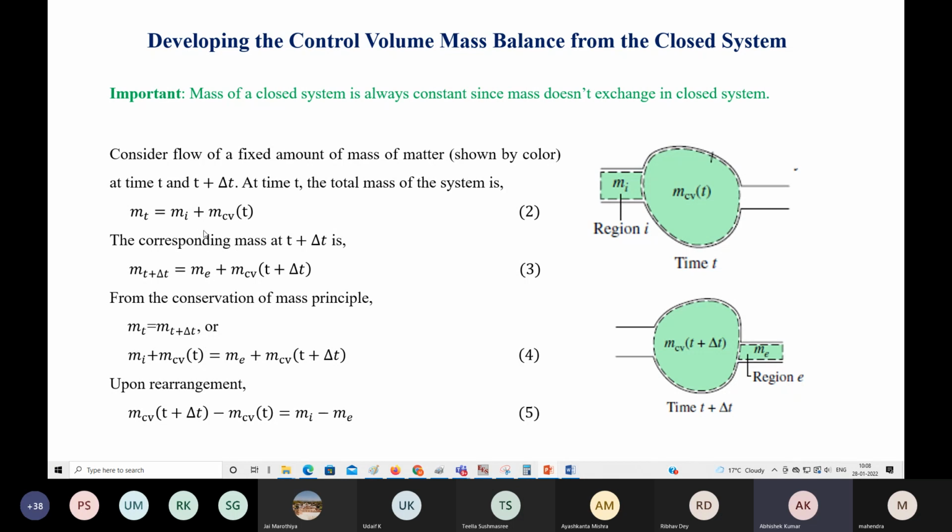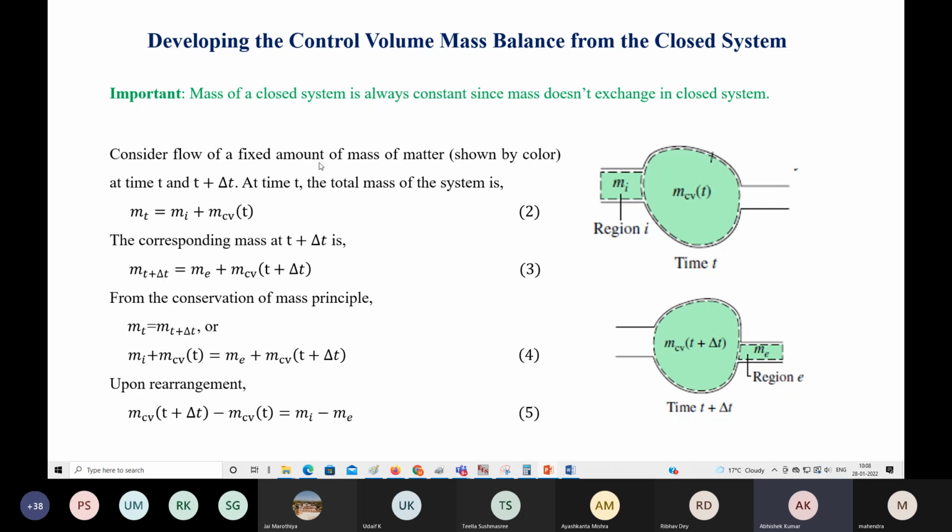Then these two parameters we have equalized, and then we have solved like this. This we can consider as conservation of mass. But whatever we are doing here is for an open system.